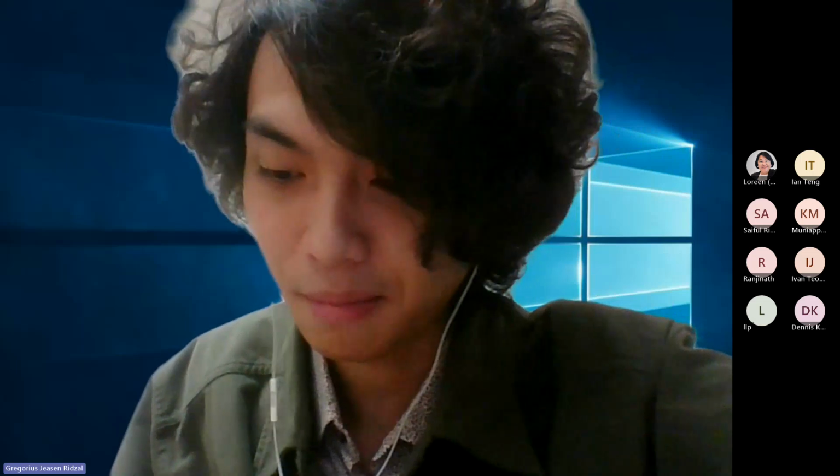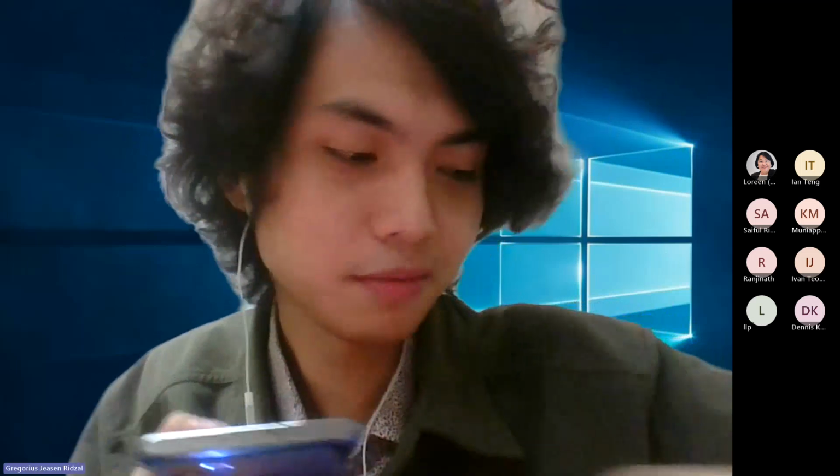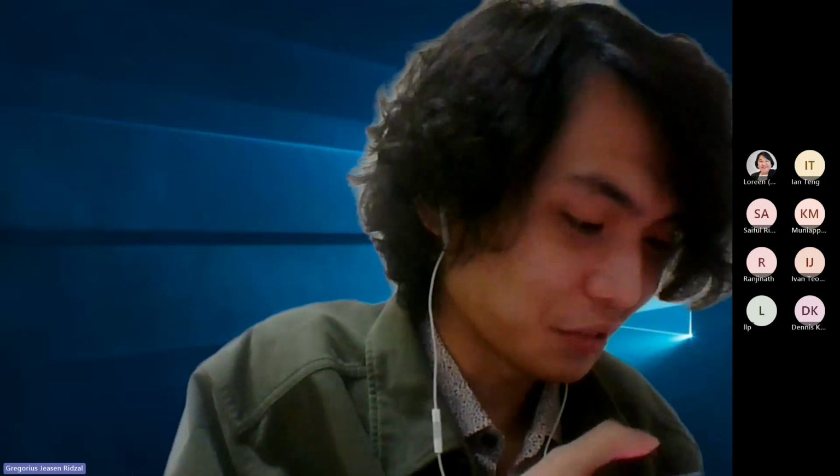Let me try scanning this ringgit over here. Why is this so? Let me just try rebooting the app. No? Nope, it's not doing it, Ian. I don't know why. It was working yesterday.